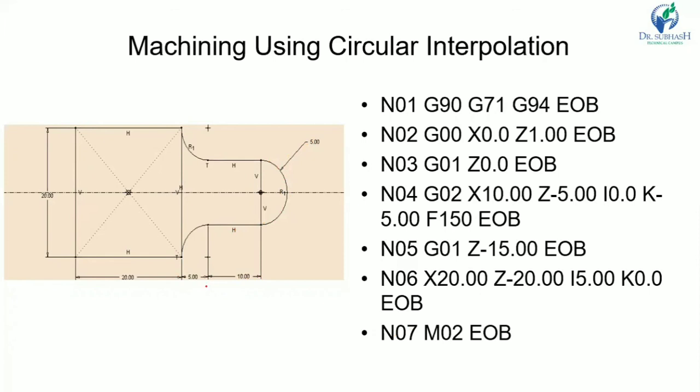First is G90, G71, G94 end of block. Then G00 X00 Z1. We keep the tool 1 mm from here. Then G01 Z0.